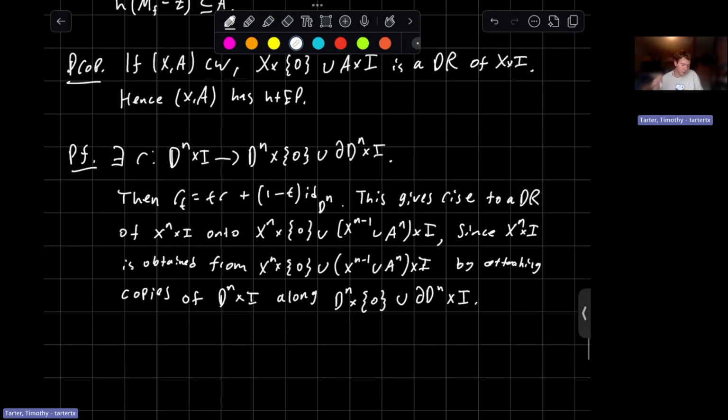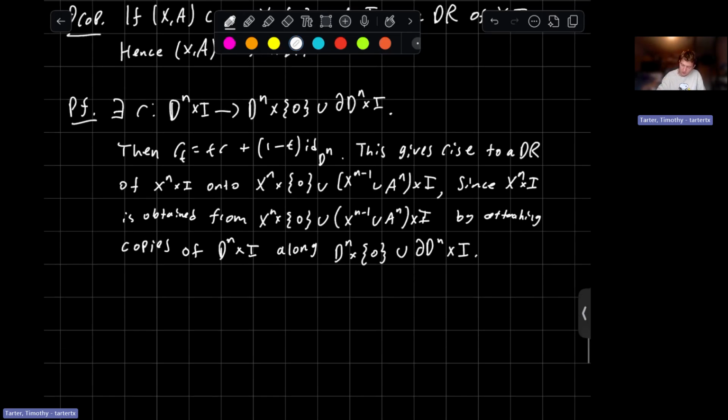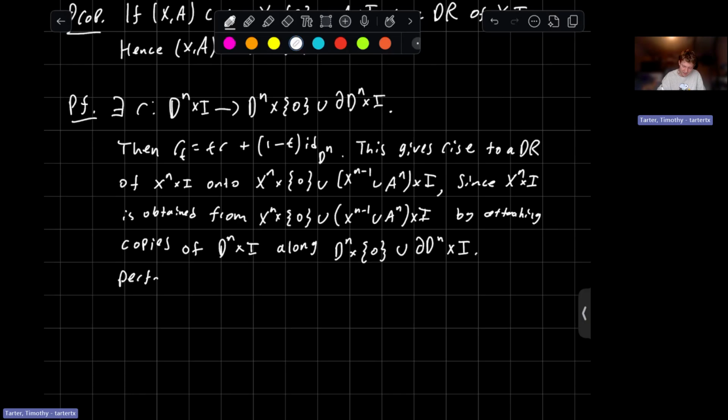So basically, the whole plot here is that we're attaching things to spaces. If we perform the deformation retraction during the time interval, wait, what? Hold on.